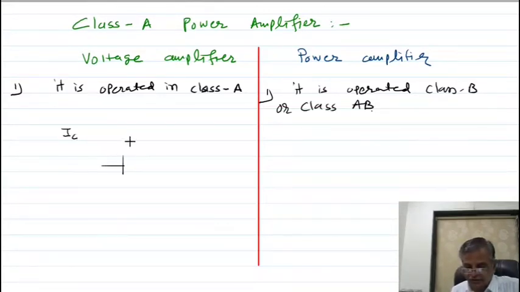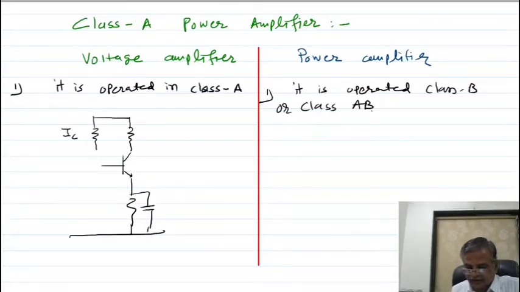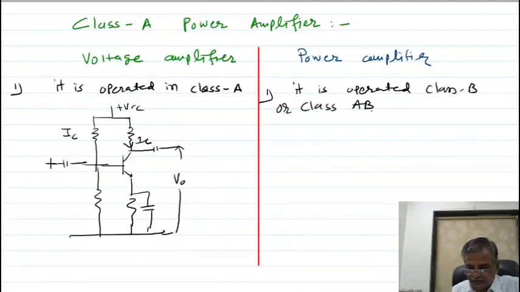If this is your amplifier circuit, this is your given plus VCC, here is collector current, this is output, and this is the input signal you are giving.